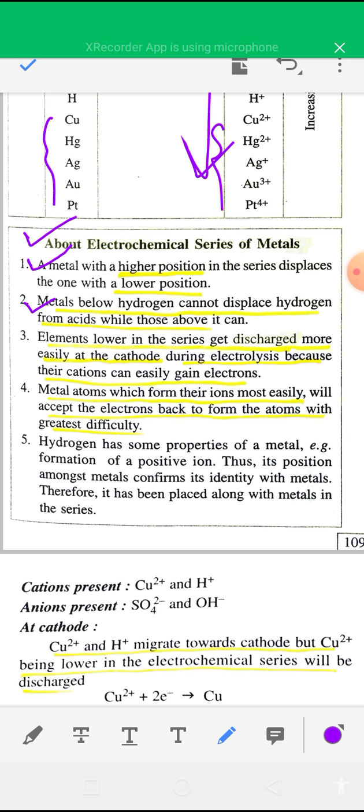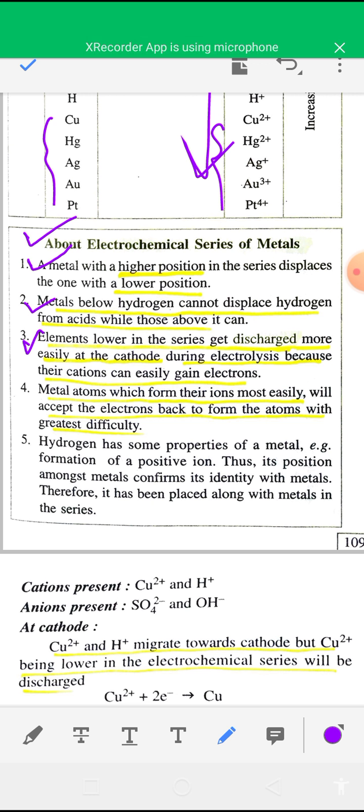And the third point, the most important point, which will be used in the electrolysis chapter: elements lower in the series get discharged more easily.